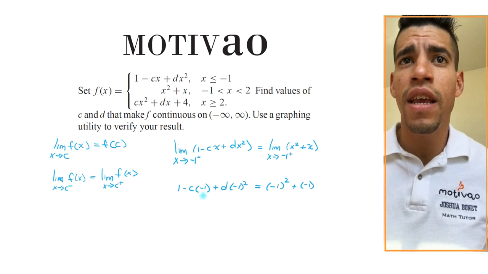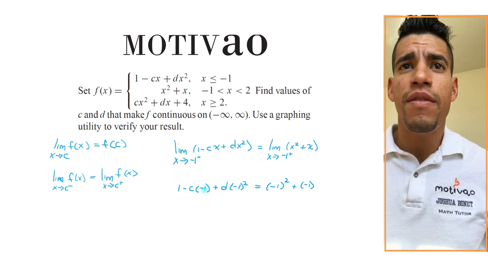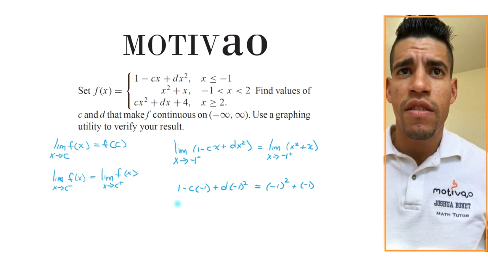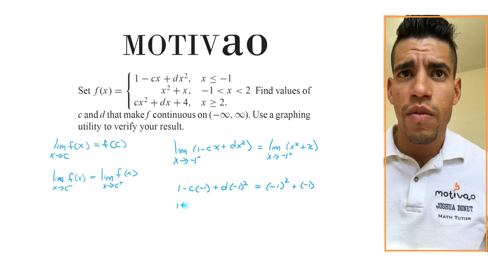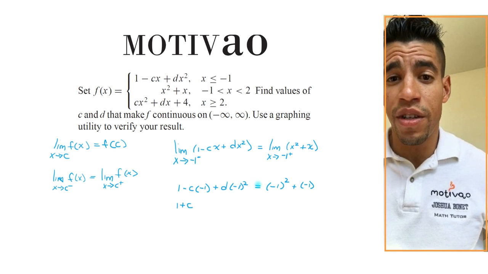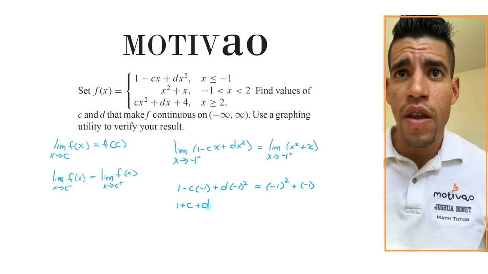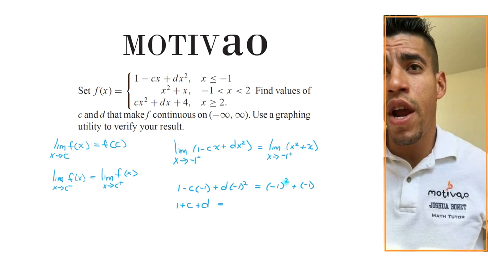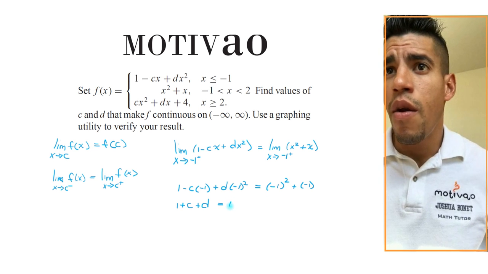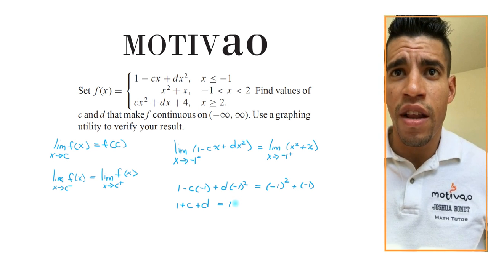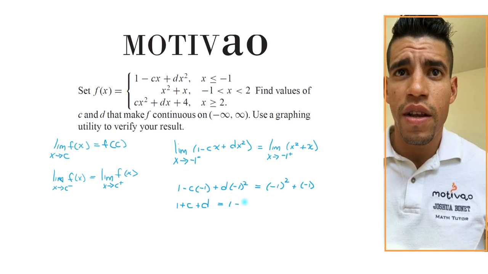Sorry about the lagging. So negative c times -1 is plus c. -1 squared is just +1, so this is plus d. On the right, -1 squared is 1, and -1 is just -1, so 1 minus 1. Okay?